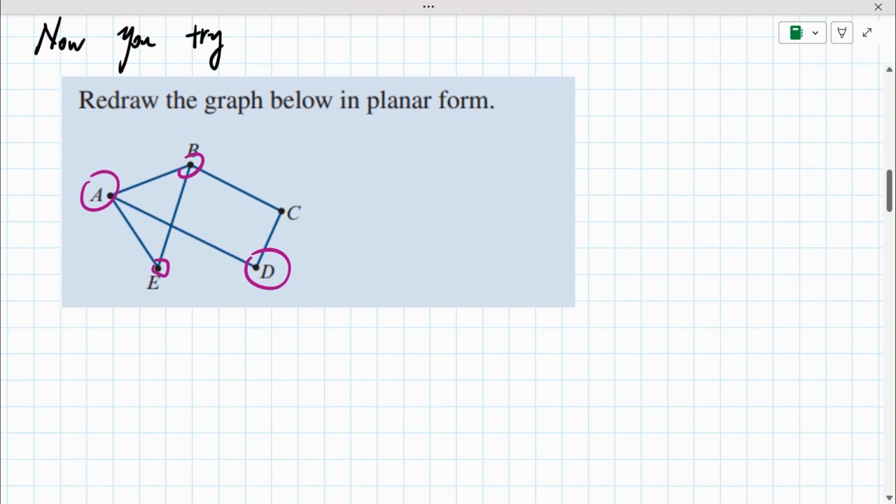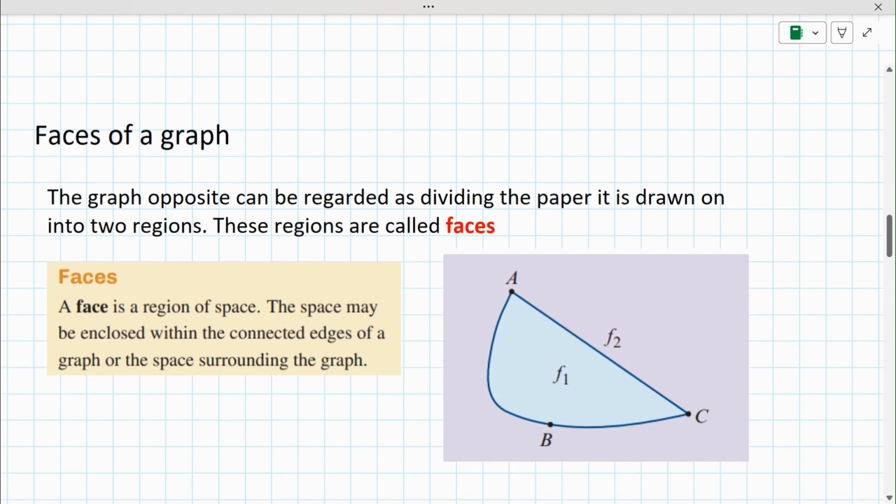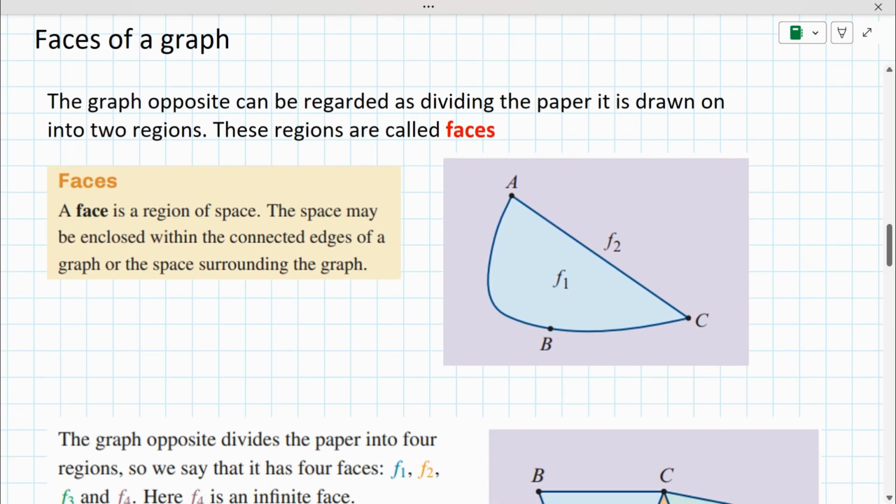Next, let's talk about the faces of a graph. A graph can be regarded as dividing the paper it's drawn on into regions.